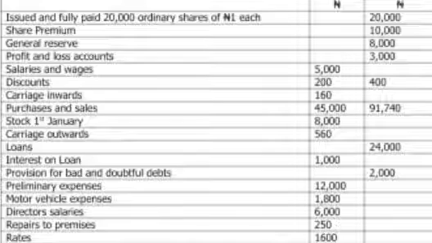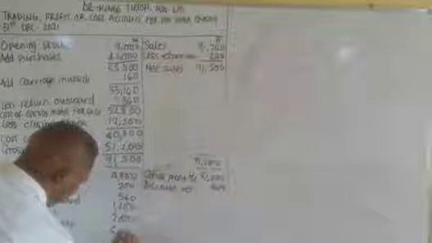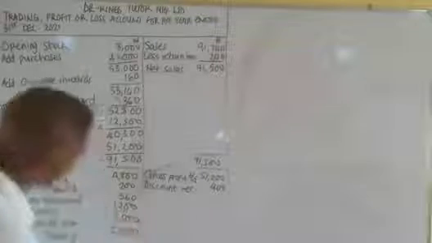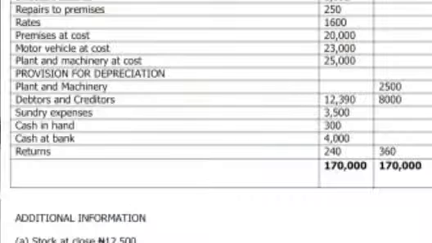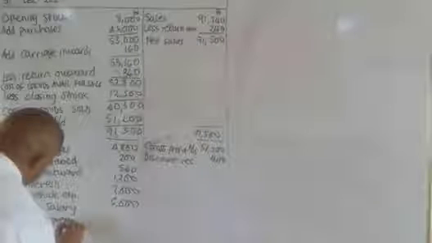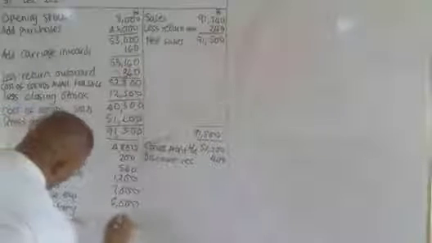It wasn't adjusted, but it's an expense. So write director's salary as 6,000. Okay. The next one, we have repairs to premises, 250.